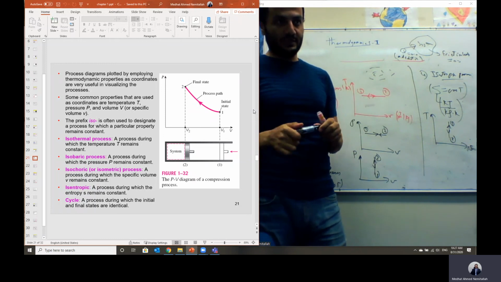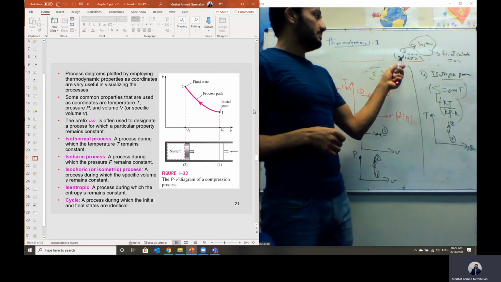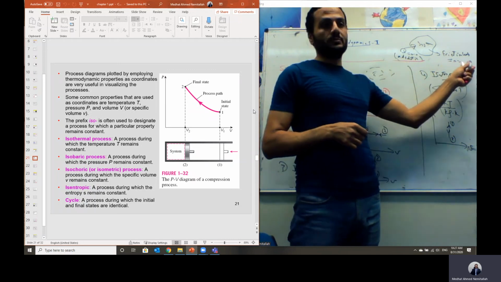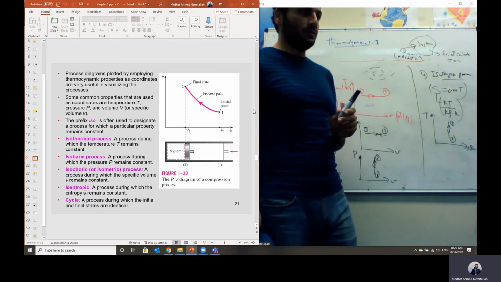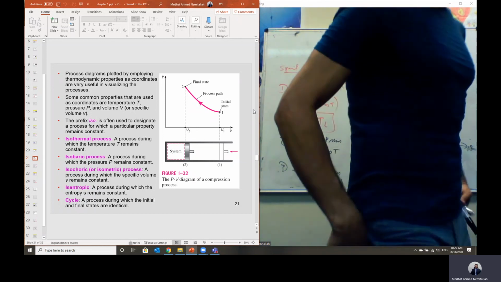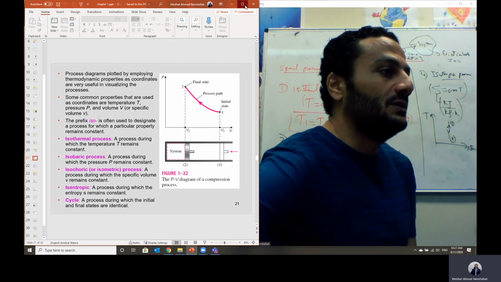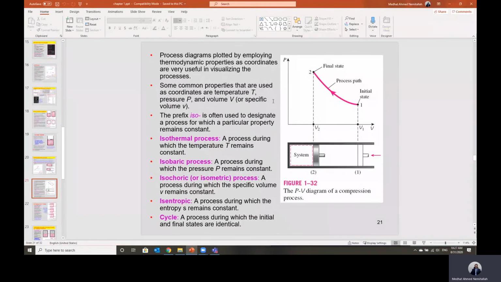If a system undergoes an isentropic process, it should be adiabatic and without friction, which does not represent the real case. So the isentropic process is an imaginary process in which we assume the system is adiabatic and frictionless.